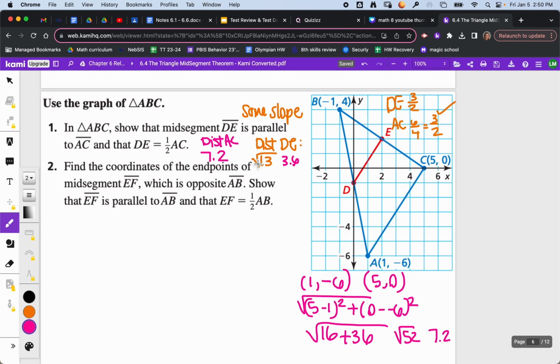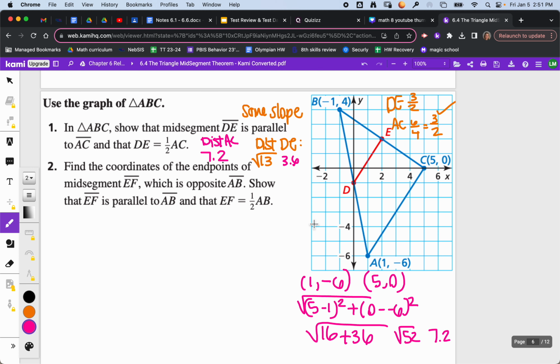So yes, DE is exactly half of AC. The final thing we have here says find the coordinates of the endpoint for the mid-segment EF, which is opposite of AB, and then show that EF is parallel to AB and that EF is half of AB.